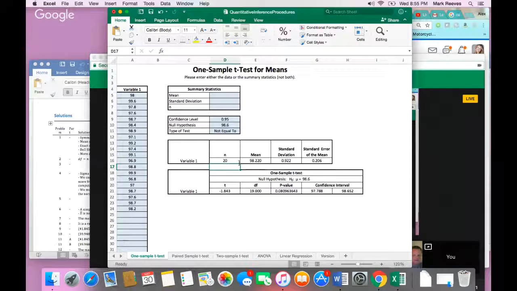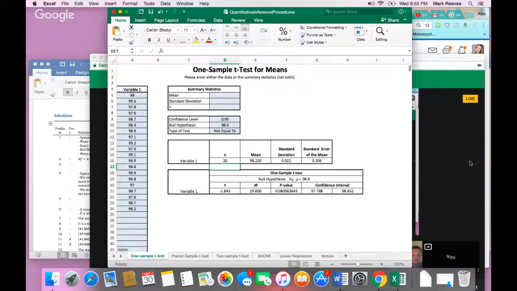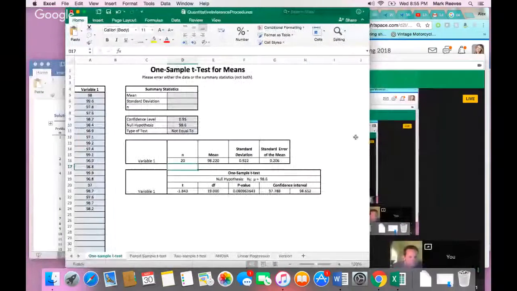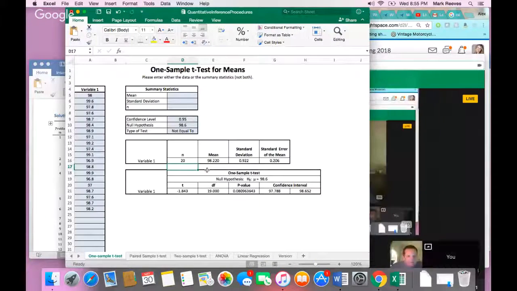My N says 139. What? I know. How many cells did you copy over? Just like 20. So n should be 20, because n is the number of values, right? Yeah. What did you do to your Excel sheet? You broke it.